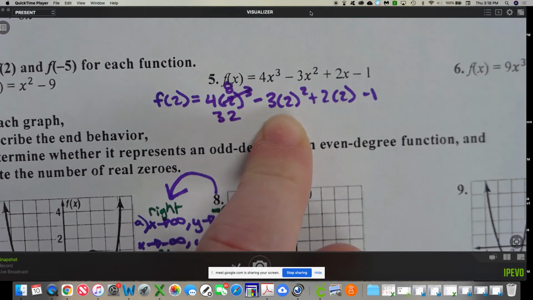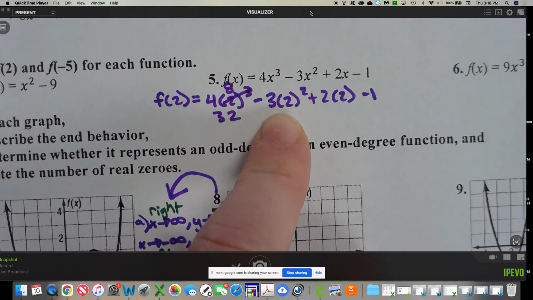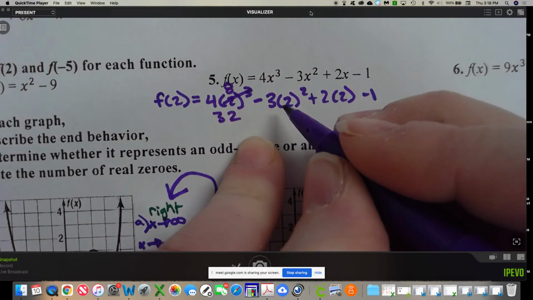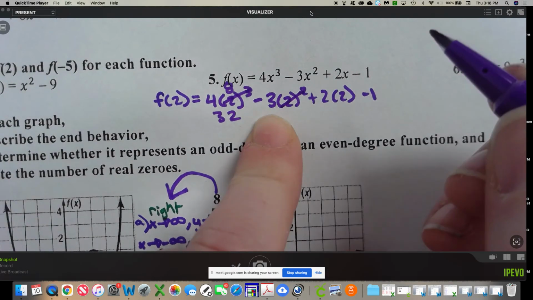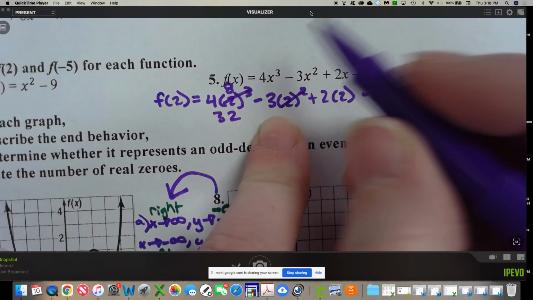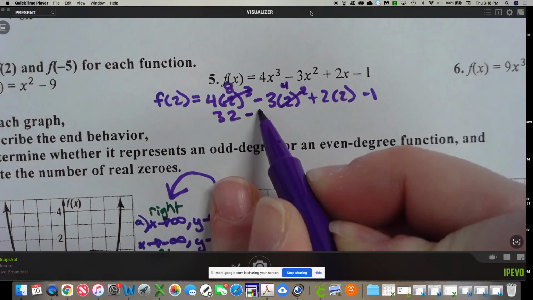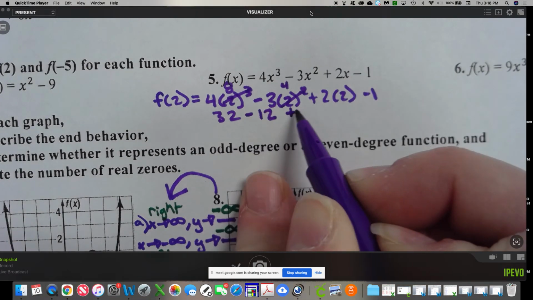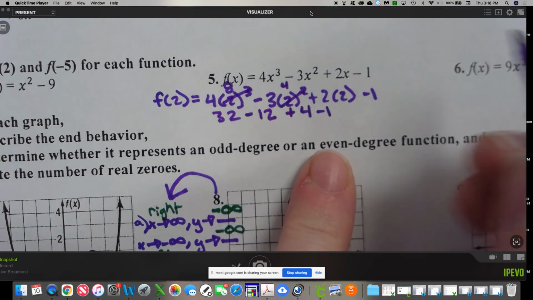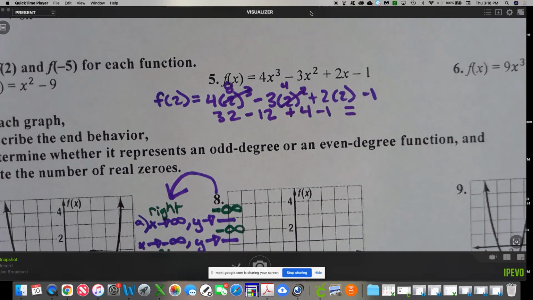We do the 2 squared first. A lot of people like to try to do the 3 times the 2, but you don't. You do 2 squared first. Then you take negative 3 times 4, so negative 12, and then plus 4 minus 1. Okay, 32 minus 12 is 20, plus 4 is 24, minus 1 is 23. There's my first answer.